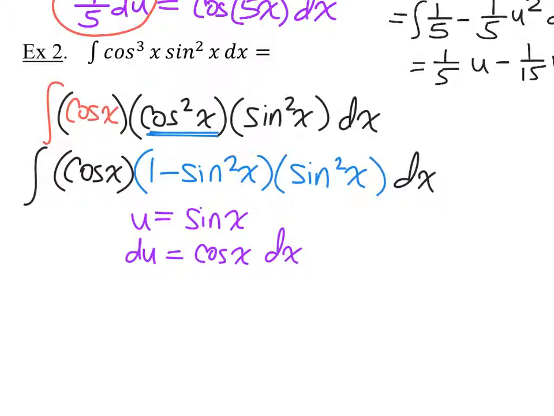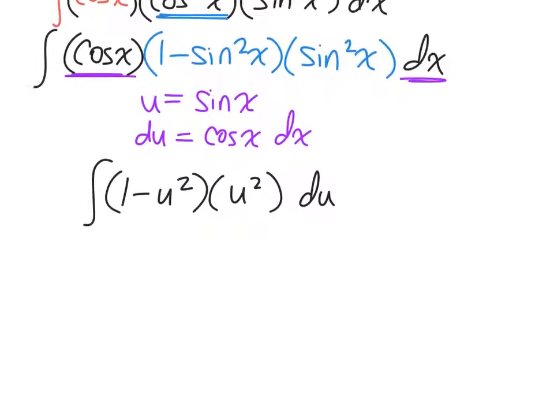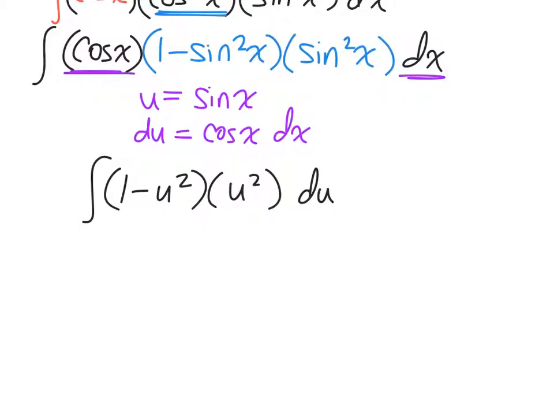Because now I can replace the cosine x dx with a du, and every instance of a sine of x gets replaced with a u. All right, so I'm looking at 1 minus u squared multiplied by u squared multiplied by du. And you might look at that and say, well, how am I supposed to do that?